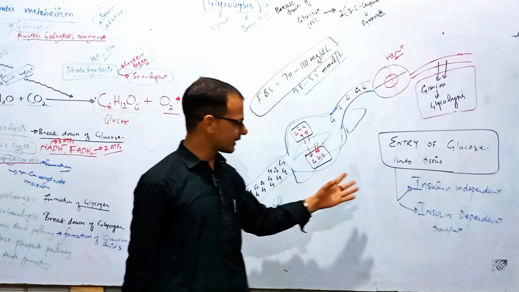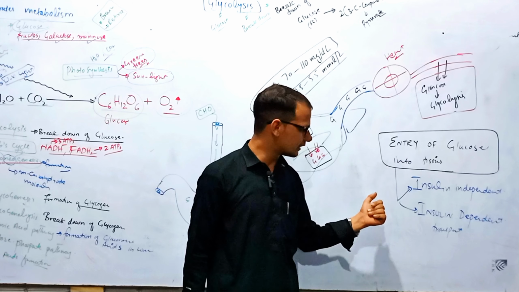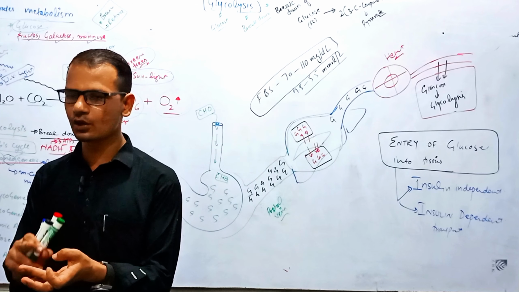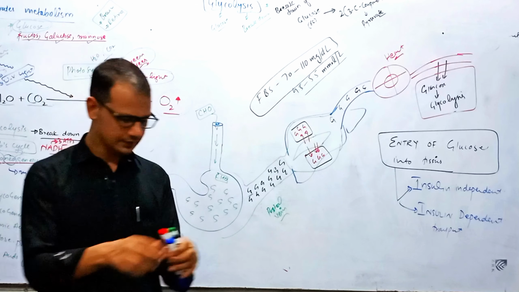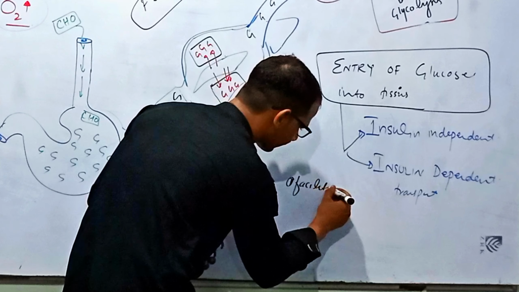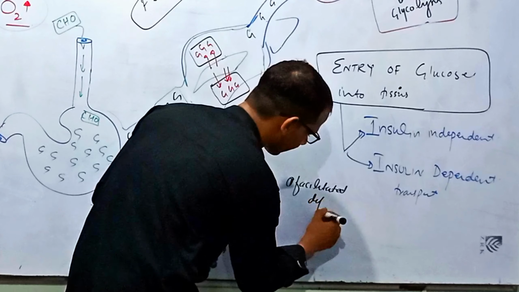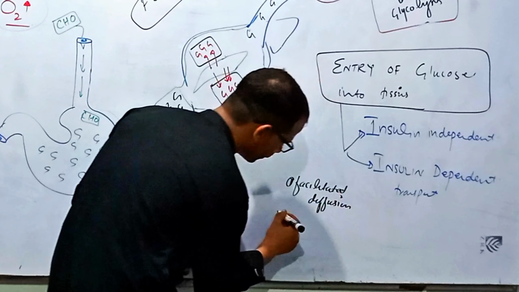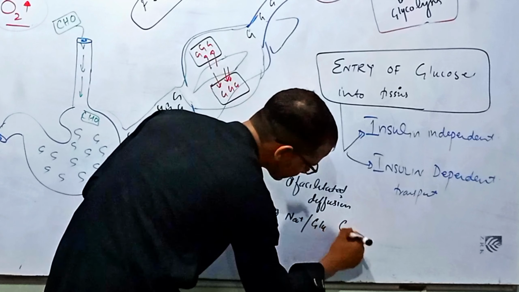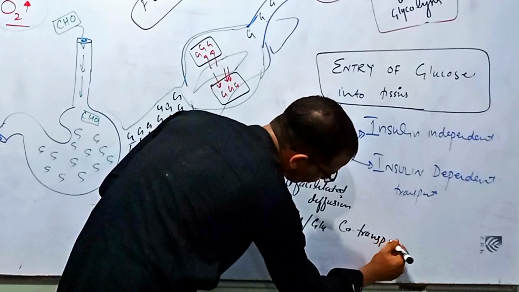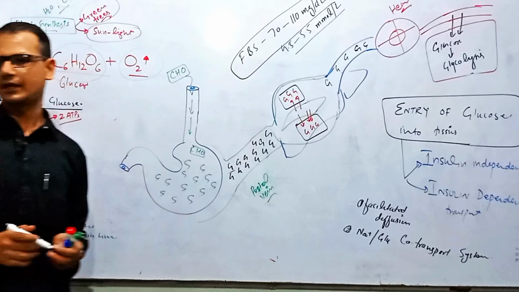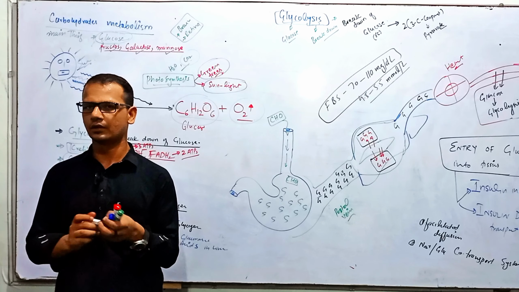Next, we can classify this entry of glucose into the tissues as facilitated diffusion and the sodium glucose co-transport system, right? First is facilitated diffusion. Second is the sodium glucose co-transport system.